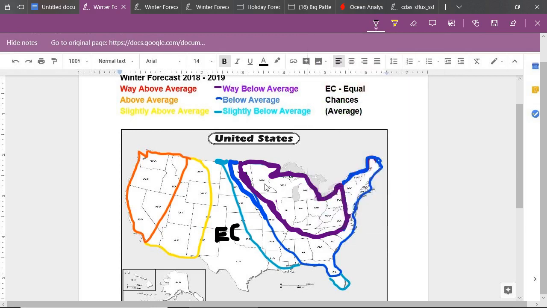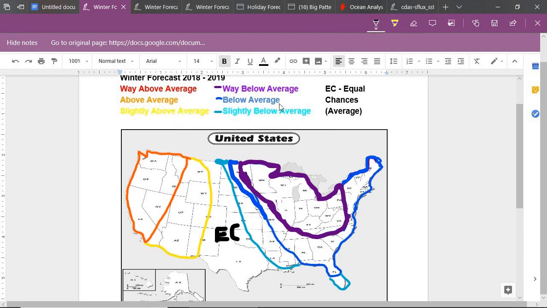temperatures. And that's above average temperatures for pretty much this region in particular, right in there. There's no way above average temperatures; I'm not really predicting that. Now, slightly above average, however, is going to be here in the yellow. For the most part, it's going to be right in here for slightly above average temperatures.